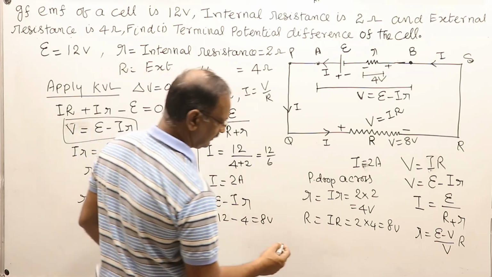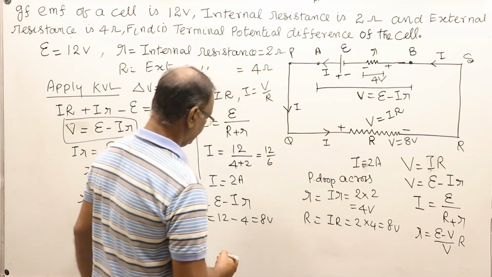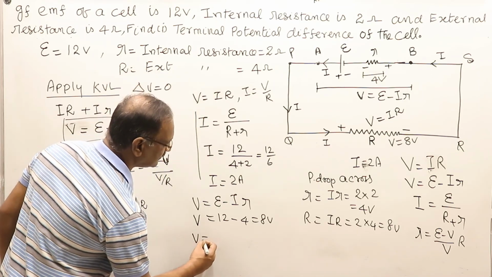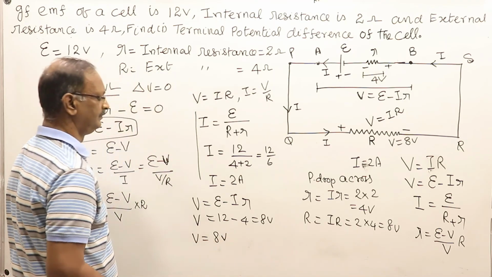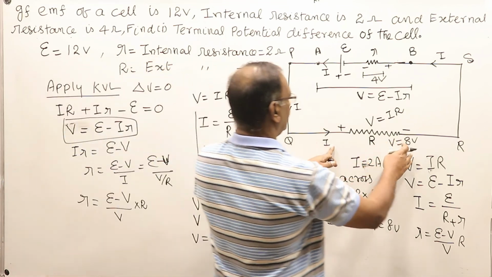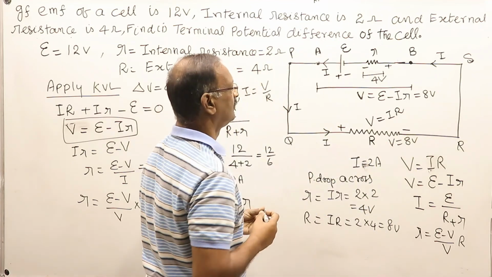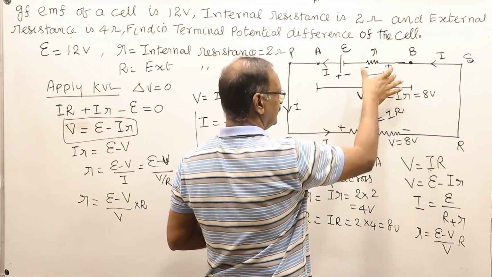As it is, we have found V. What is V equal to? V is equal to IR. The potential drop across the external resistance is also equal to 8 volt. It means the potential drop across the internal resistance is 4 volt.